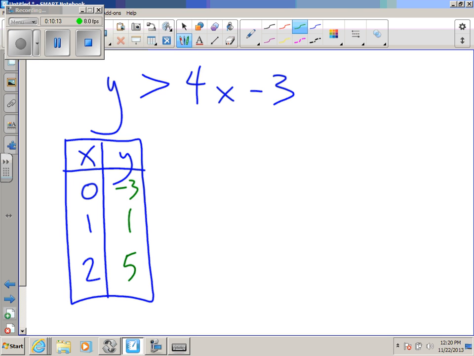No. I made this 1. So 4 times 1 is 4. Minus 3 is 1. Whatever I say x is, I've got to multiply it by 4 and then subtract 3. Okay, good?